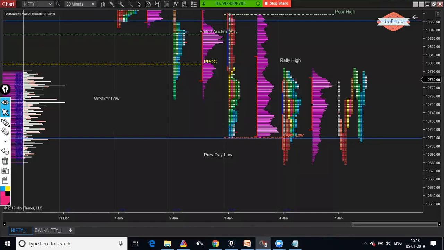But it is always a good practice to look into highly liquid instruments rather than low liquid instruments. In illiquid instruments, you never know when the long-term player will come, and mostly it will be manipulated. So it's better to avoid illiquid segments and focus only on the liquid segments.